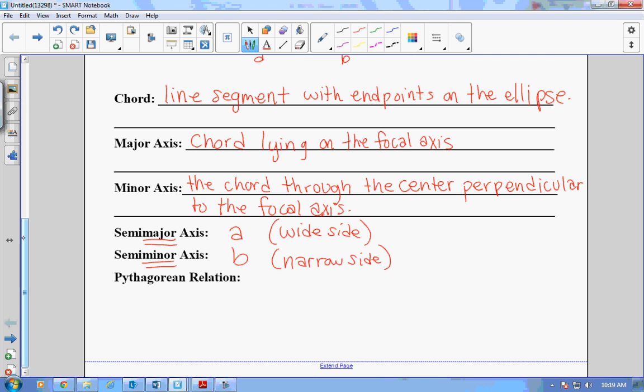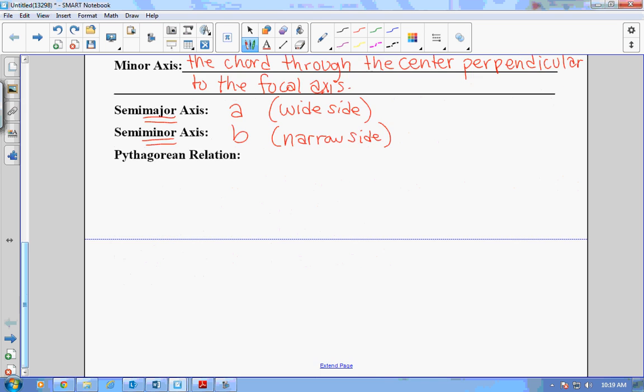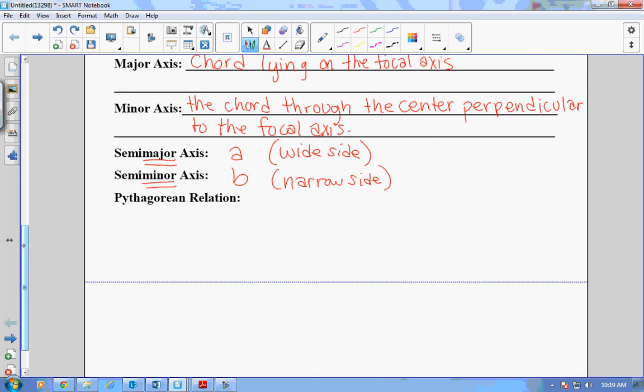And the Pythagorean relation. Now on circles, I told you I'd tell you about this, but I forgot on the circles notes. Really quick, on a circle centered at the origin, from the center of the circle, you can create a right triangle out to two points on the circle.